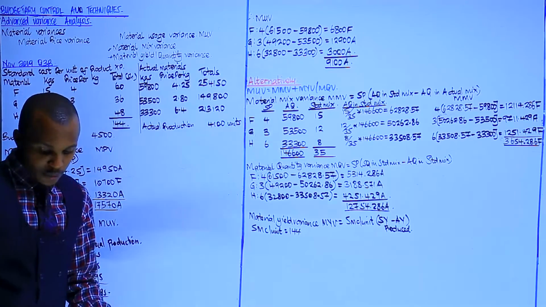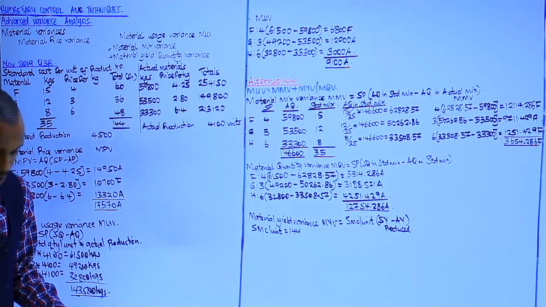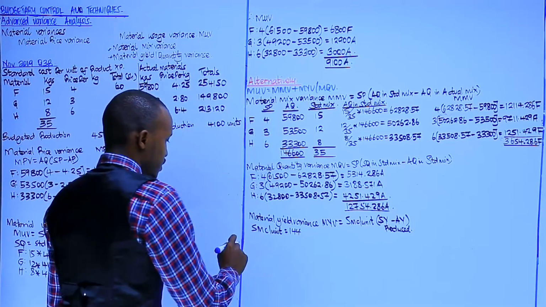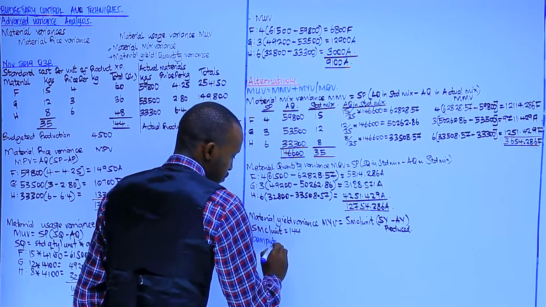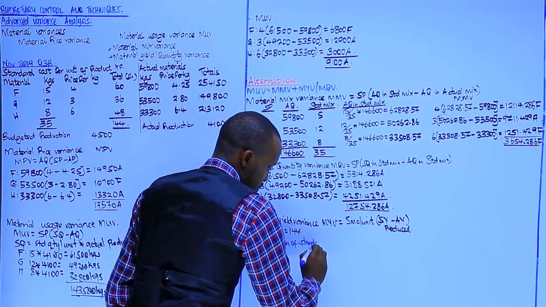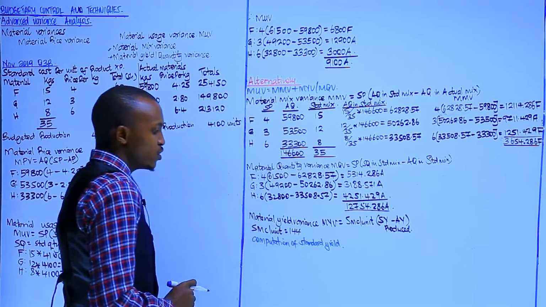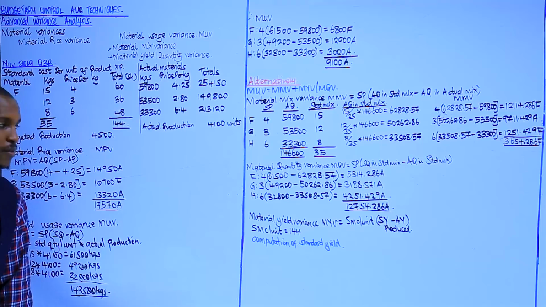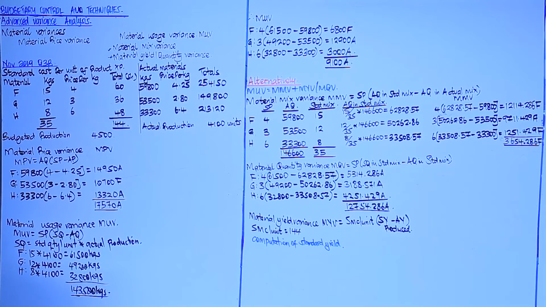Then we need to determine our standard yield. So let's determine our standard yield. Computation of standard yield. Now, for us to produce 1 unit of our finished product, we are using how many kgs?